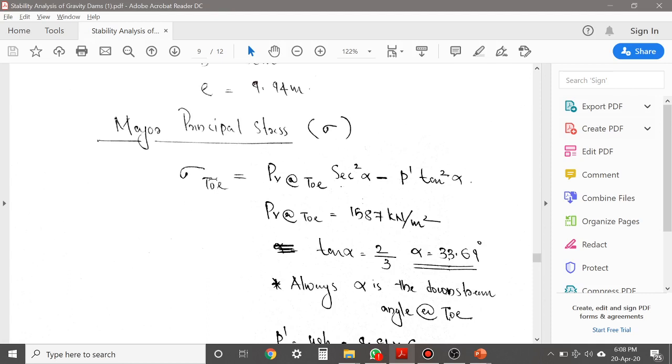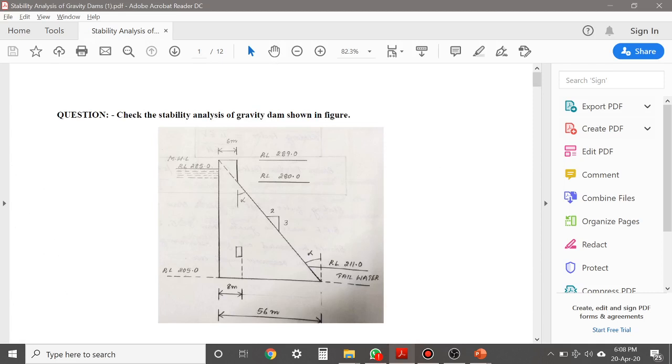You know that this is the calculation of major principal stress at point toe. Let's go back to our figure. See, this is the point toe and this is the inclination alpha. So that is the relevance of this particular angle alpha in order to find the major principal stress.